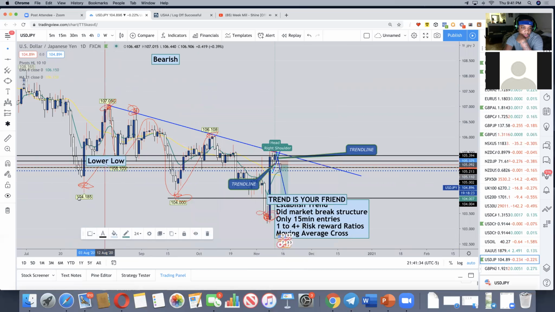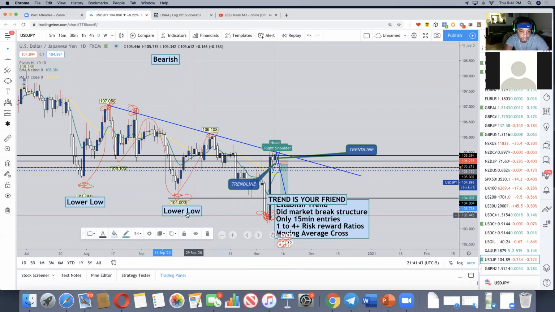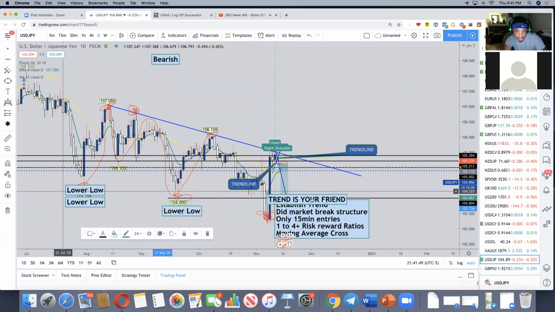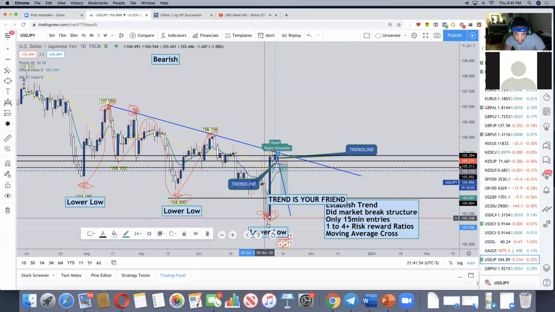We got a lower low. Isn't this low lower than that one? So that would be considered a lower low. Look, the next one is right here, when the market went right here.